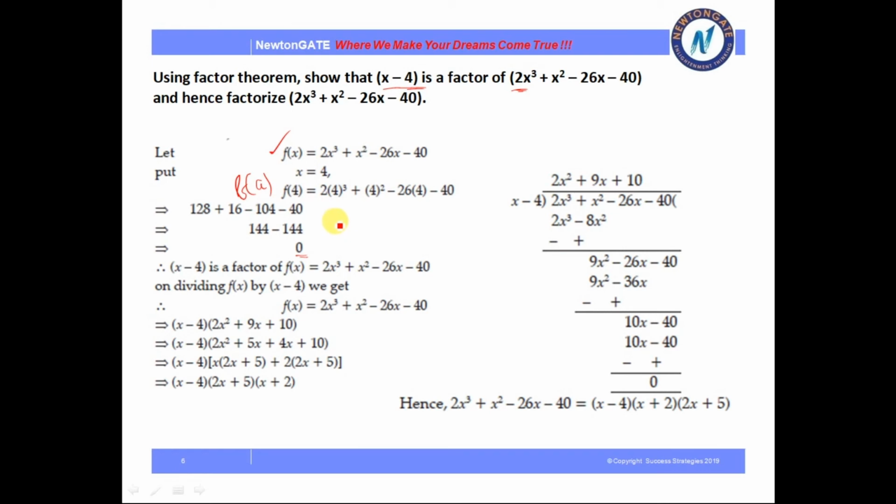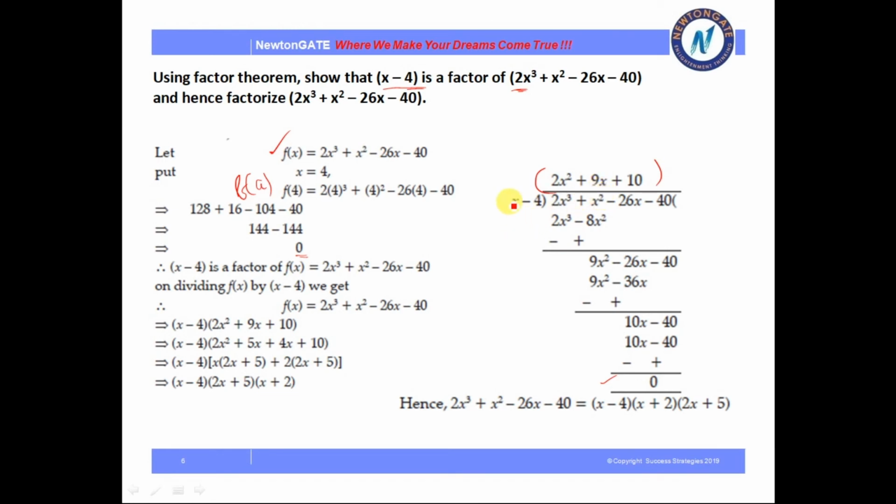And to find the next factors, what do we do? We factorize it by the long division method. So we divided 2x cube plus x squared minus 26x minus 40 by x minus 4, and we found out that it doesn't leave a remainder because we have already proved that x minus 4 is a factor of the polynomial. And we found out another factor as 2x squared plus 9x plus 10.